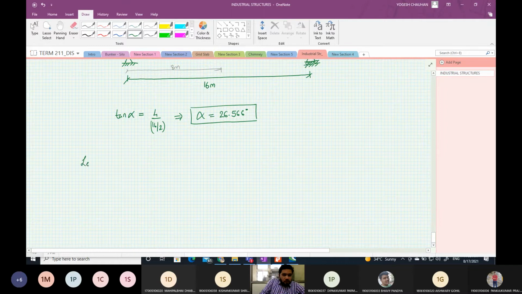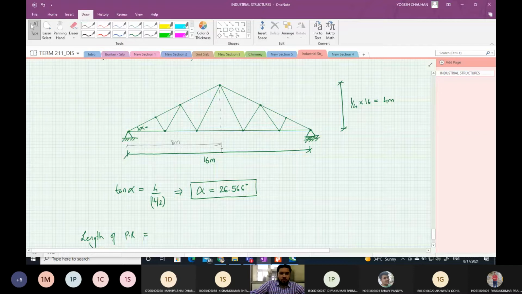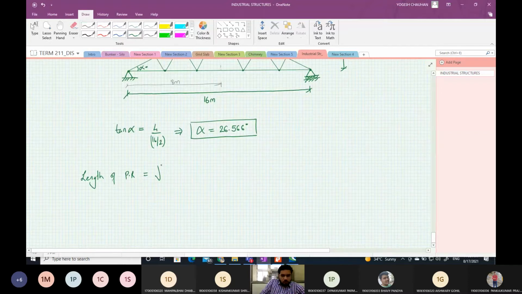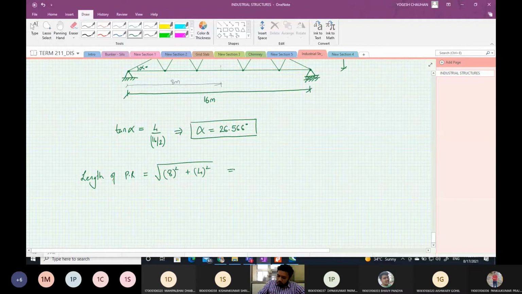So you can find the length of principal rafter. The length of this principal rafter will be the square root of this 8 square plus this 4 square, which is 8.94.